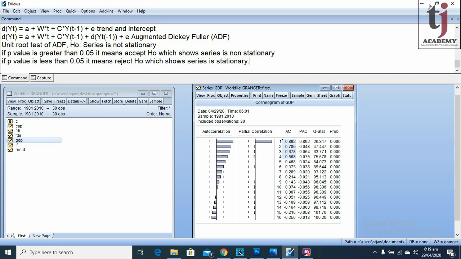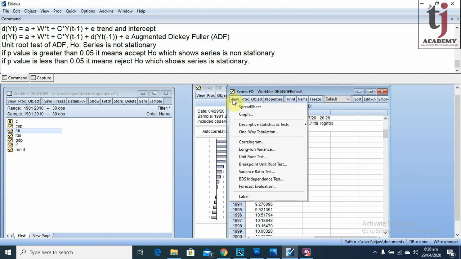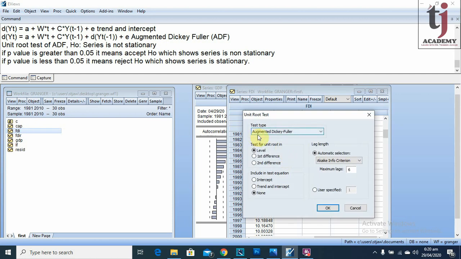Now how can we apply this ADF test? First you have to open your series like FDI. This is your series. Go to view, unit root test, and here you can see by default EViews sets the Augmented Dickey Fuller test. These are the three options. None means no constant, no time trend. This is the intercept, the equation with intercept only, and this is the trend and intercept, the equation with intercept and trend both.